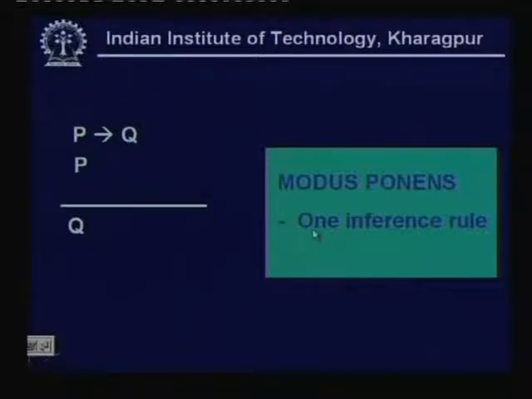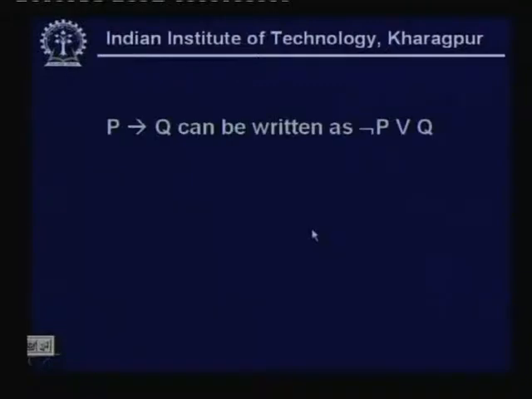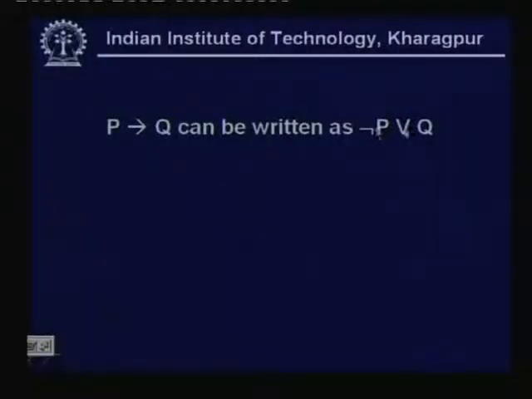All right. Now, why is it true? Is modus ponens a valid, correct inference rule? Let us look at that. P implies Q can certainly be written as not P or Q, that we have seen in the last class. Not P or Q, they result in the same truth table.